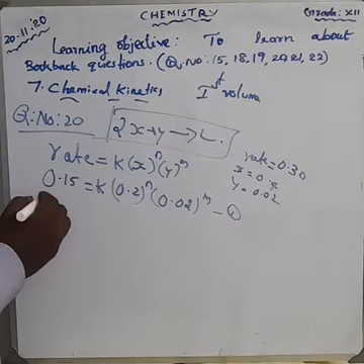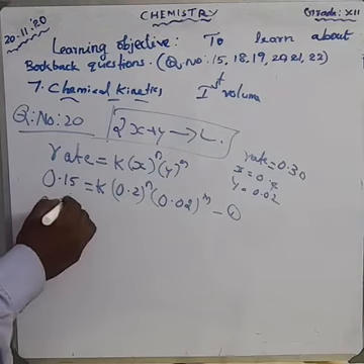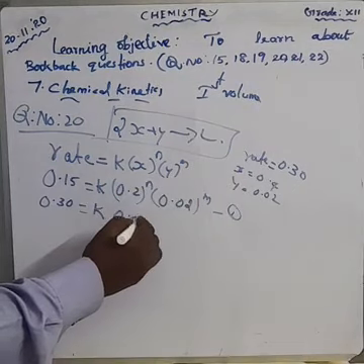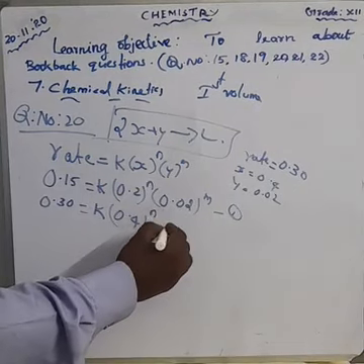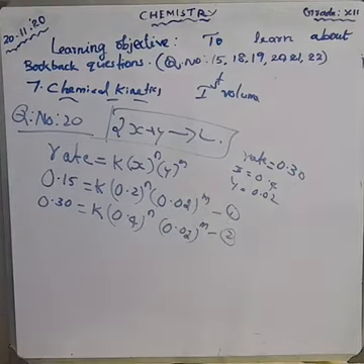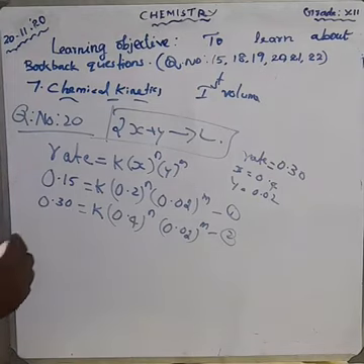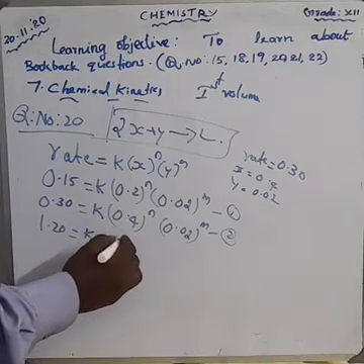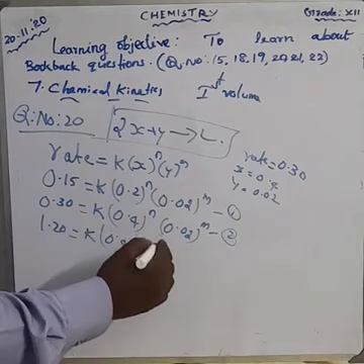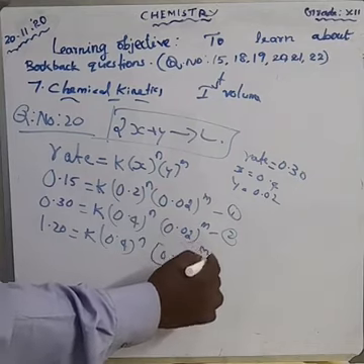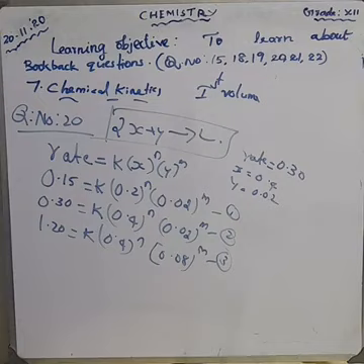So the rate 0.30 is equal to k into 0.4 to the n, 0.02 to the m. This is equation number 2. Clear? And also the data is given in the tabular column for the rate 1.20: k into 0.4 to the n and Y value 0.08 to the m. This is the third equation.